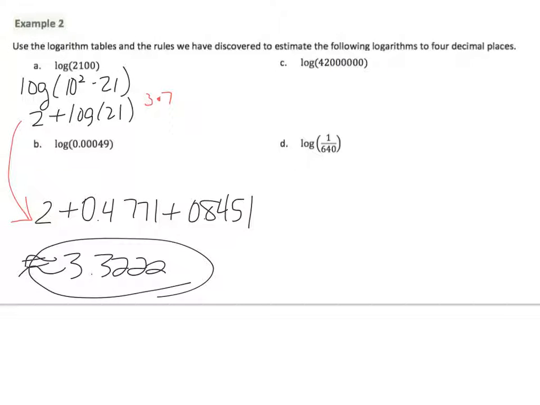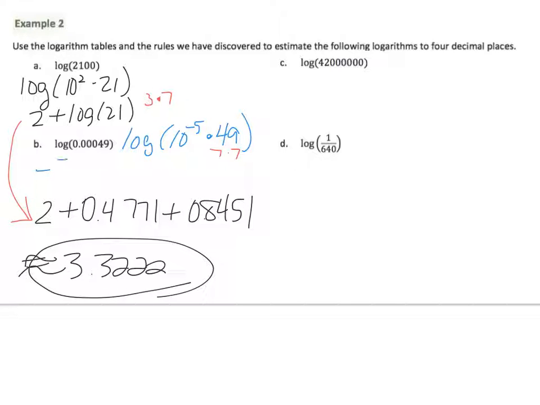Okay, let's try B. I'm going to do B in blue because I'm going to run into spaces on things. So here we have log of 10 to the negative 5th times 49. And this one's going to be 7 times 7, right?